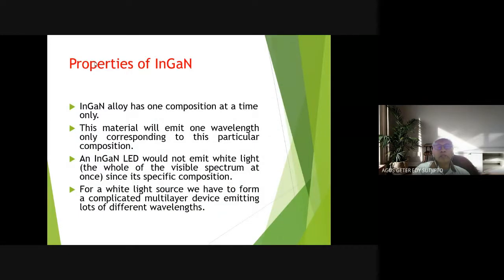So this is the property of indium gallium nitride.